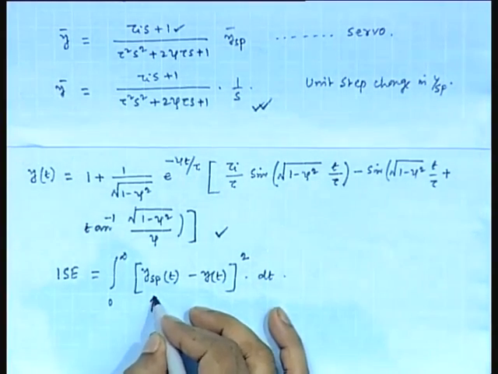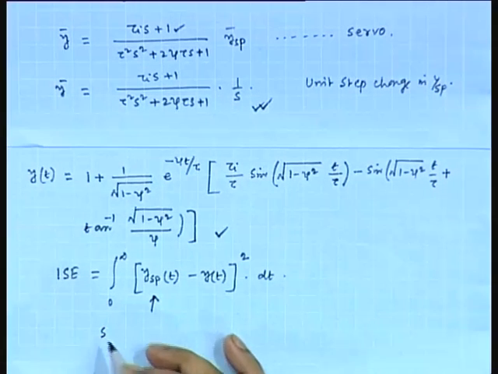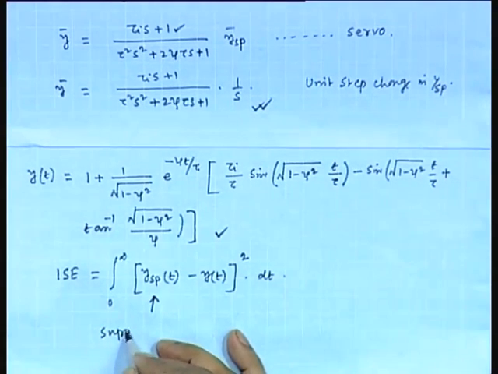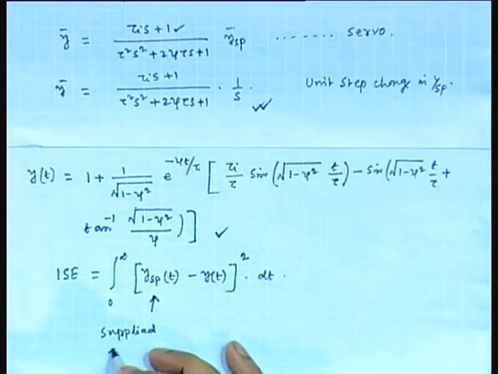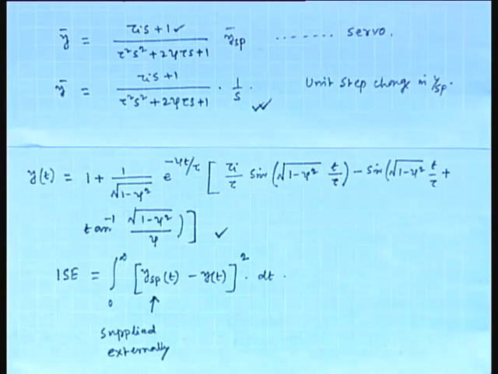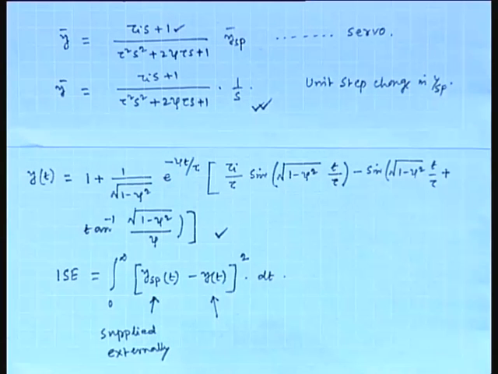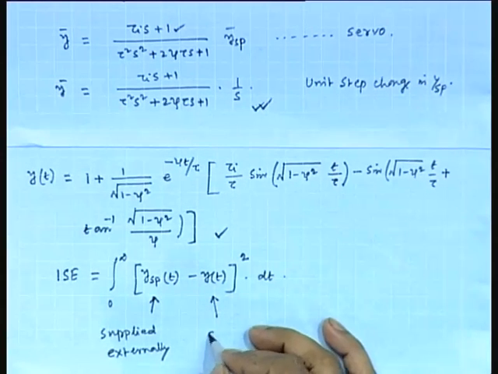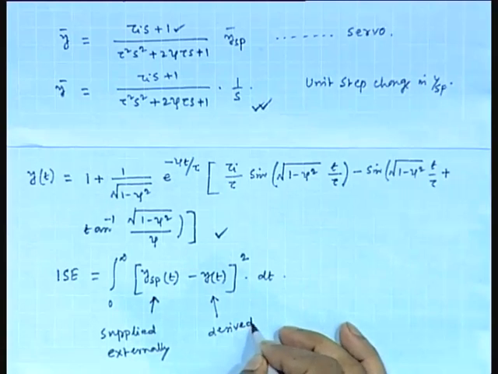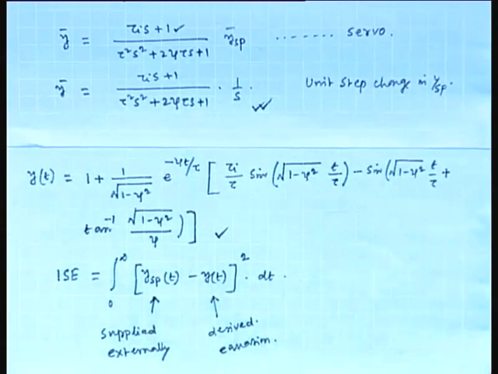This y set point t is supplied externally by the person who is in charge of operation, and the expression for y t we have derived. So, for y t you use the derived equation. Fine.